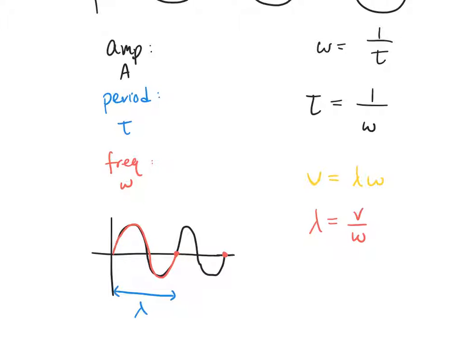Okay, so keep that in mind when it comes to this stuff. Very good. Now, what I want to point out is this. If I were to now call this graph x as a function of time, then this distance from here to here, although we're calling it wavelength, is the time it takes for one cycle. And what's the time it takes for one cycle called?